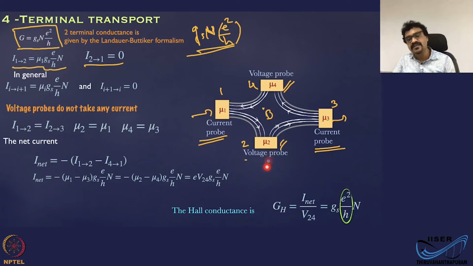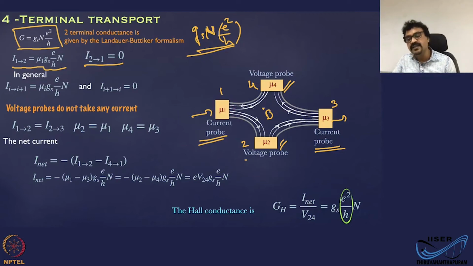There is no voltage source here. It's a voltage probe. What that means is this is going to assume this potential because the connection is shorted to this point. Now the electrons are flowing in this direction, so this is not shorted this way; this is shorted this way. That means 2 will assume the potential of 1. Similarly, 4 will assume the potential of 3.